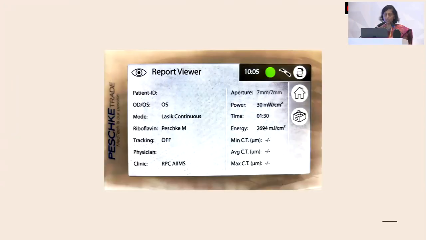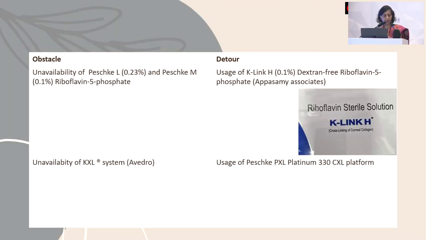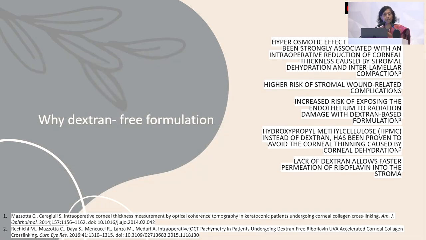Just a quick word that what is recommended with this particular Peschke machine is a particular type of riboflavin, as is reported. Now that is not available, so we had to use the riboflavin from another company. It's all right because basically we follow the same principles, but this is something one needs to be aware of. You see something which is reported, something which has been published with a particular scenario, and then you have to modify to another depending upon what's available.